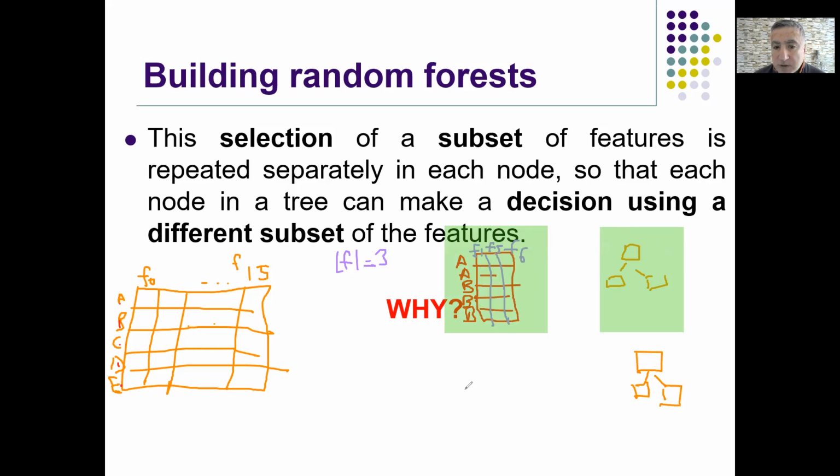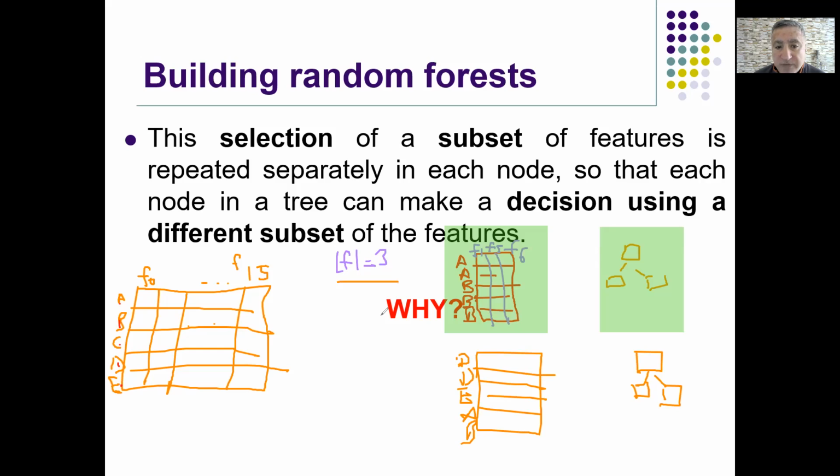This time you are gonna select 5 samples again from here. 1, 2, 3, 4, 5. Assume that this time they are D, E, A, B, randomly selected.